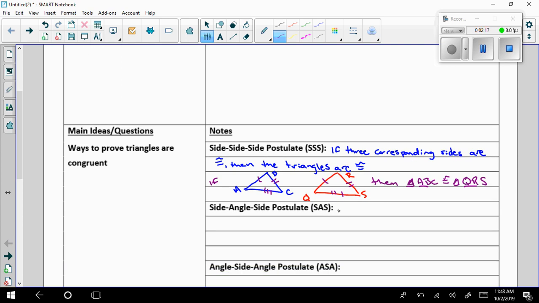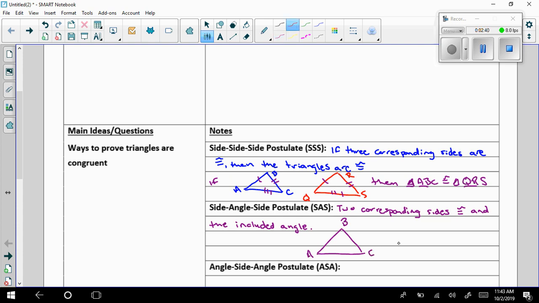Side, angle, side, you have, right, 2 corresponding sides congruent and the included angle. So what I mean by that, let's draw a picture here. We have this triangle, we'll call it again ABC.